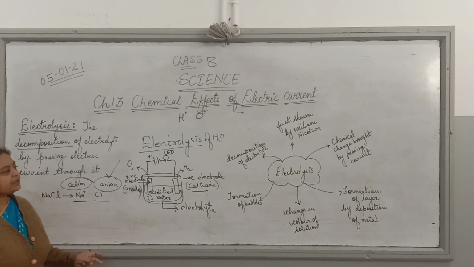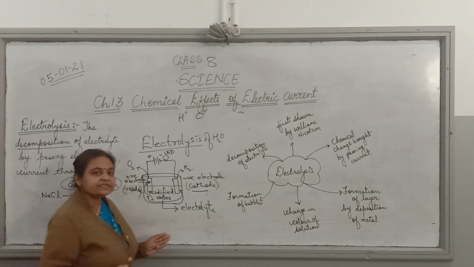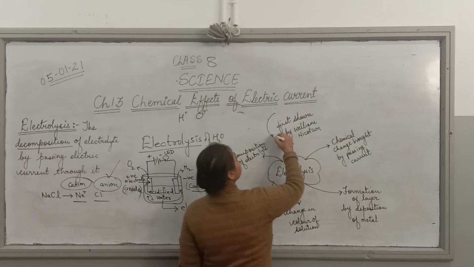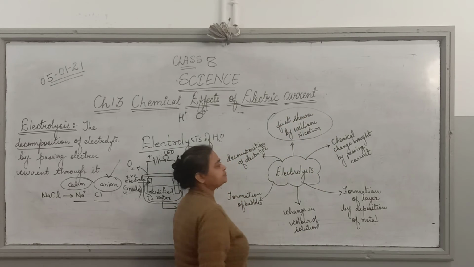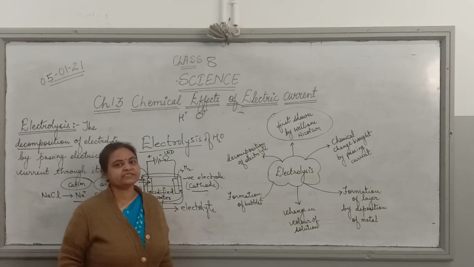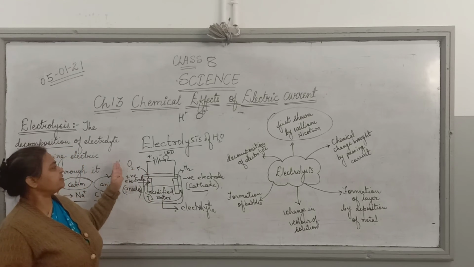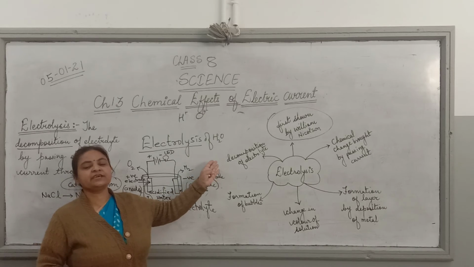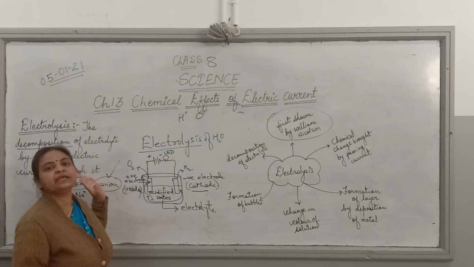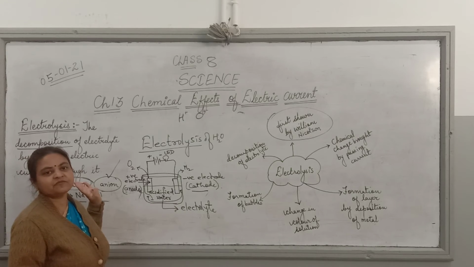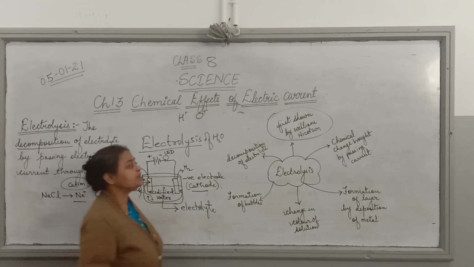Right? Now this process of electrolysis was first observed or shown by William Nicholson. He brought about electrolysis of water and showed that water gets decomposed into oxygen and hydrogen gases. New substances are formed, that means it is a chemical change.